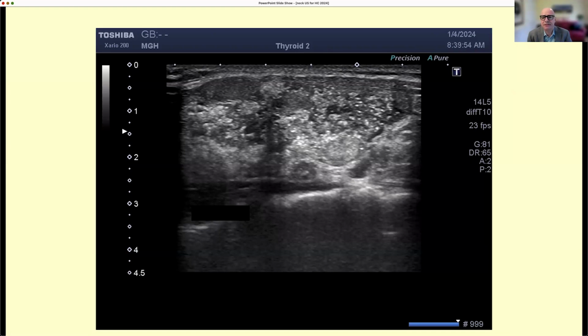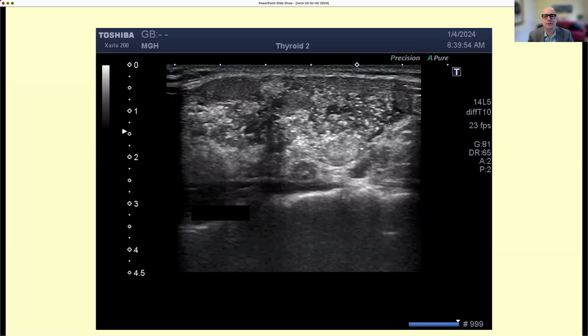Any takers on this one? This is a longitudinal view of the entire thyroid lobe. Hypoechoic and with irregular margins.